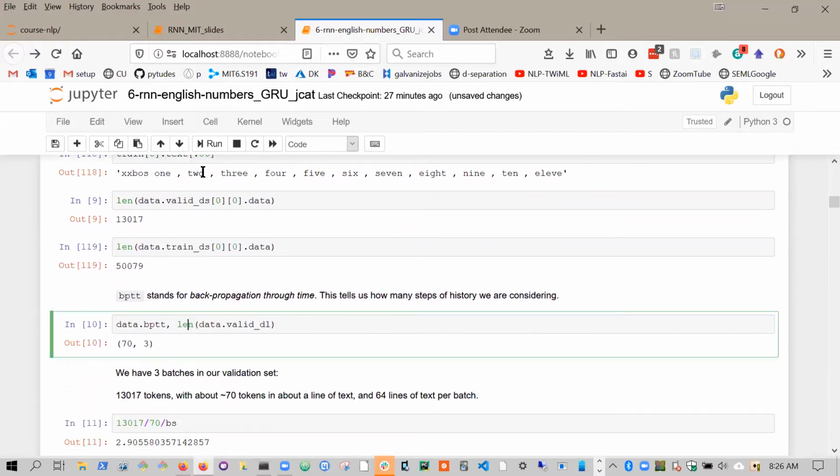So data.bptt, that's the parameter that we talked about, the backpropagation through time. And that's just the default parameter, 70.